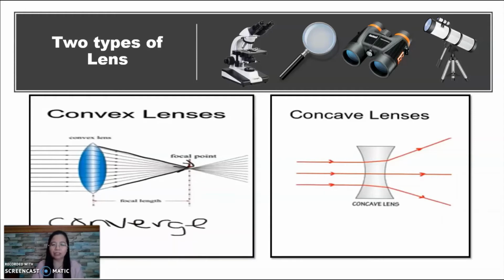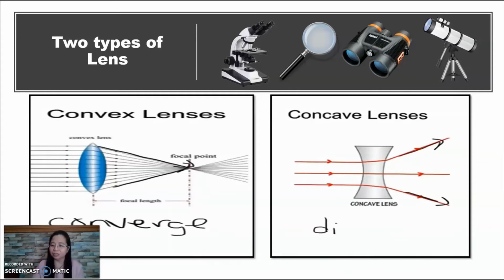That is why convex lens is also called a converging lens. While for a concave lens, you notice that the light rays upon entering the lens spread out or diverge. So the word is diverge. That is why a concave lens is also called a diverging lens.